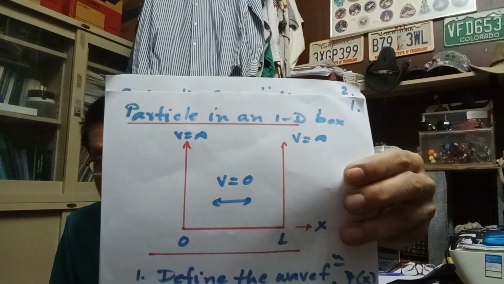Okay, what is the particle in the box? You have a box with width L, just like in the figure. The particle is confined in the box, which means it cannot escape because there are two walls, left and right.